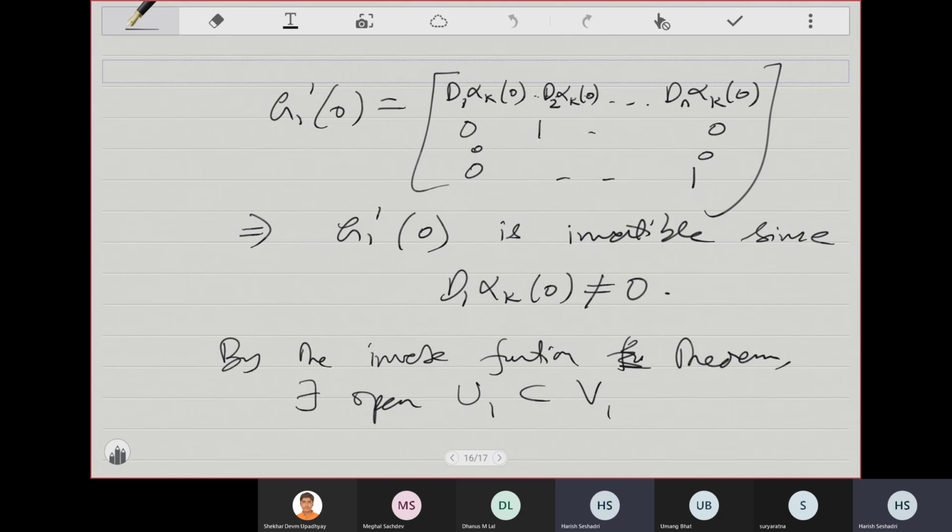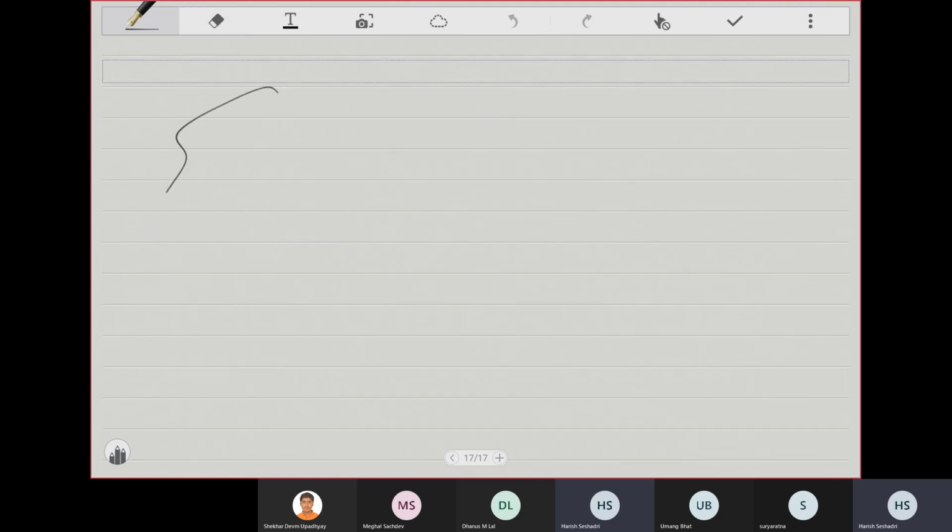There exists open U1 in V1. So this is V1 equals E. All our action is taking place in a neighborhood of 0. So this I call U1 now.